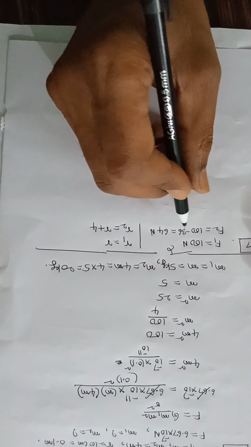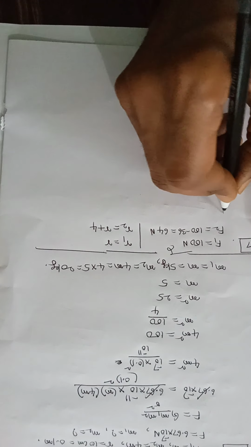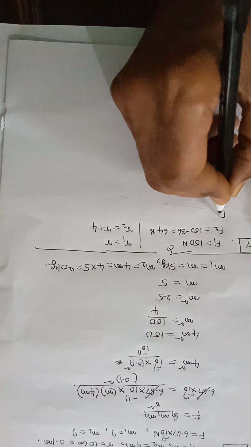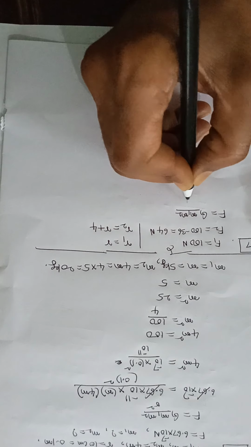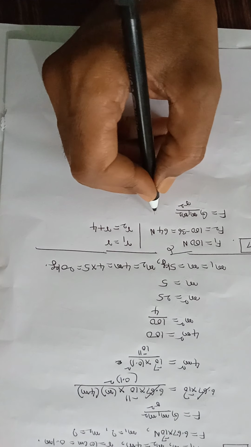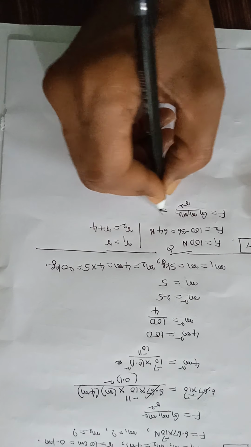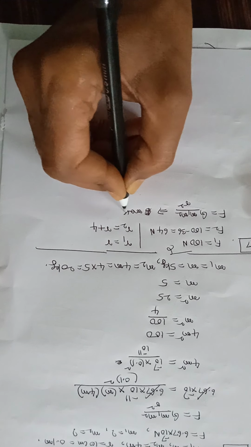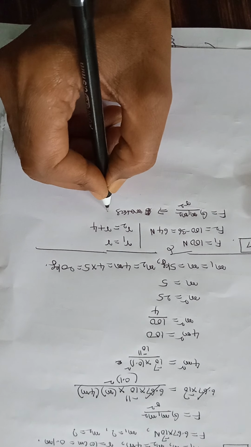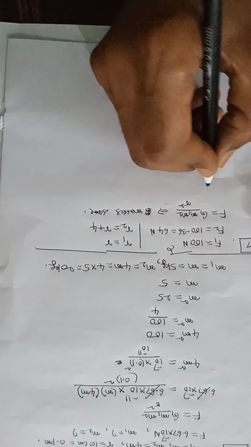So now the law of gravitation is F is equal to G m1 m2 by r square. See here the bodies are constant, therefore masses same, masses are not changed.